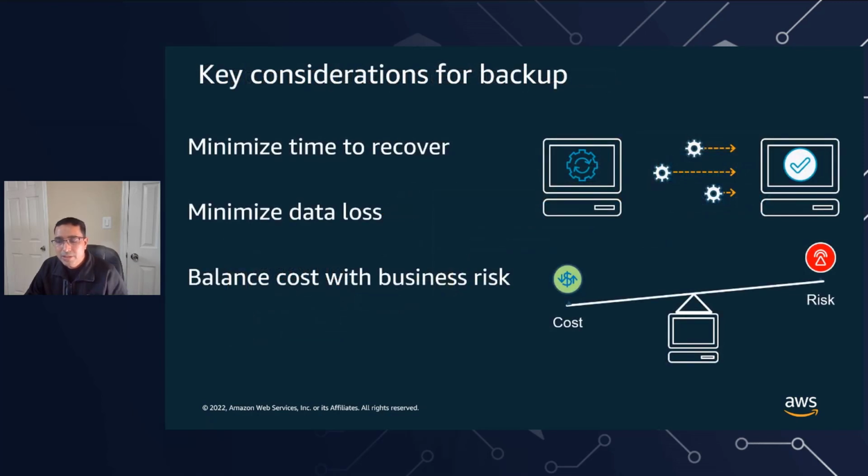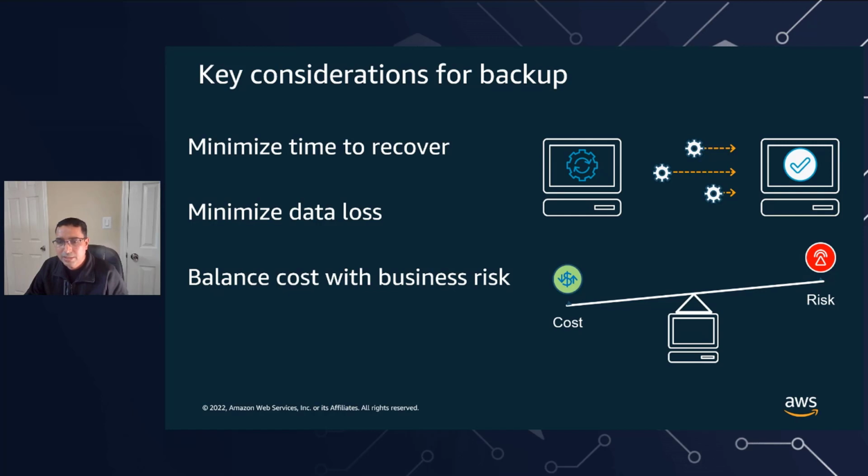So the key considerations when it comes to backup, one of the key considerations is minimizing the time to recover. So basically, why do customers even back up in the first place, right? You have to make sure that there is some data that you fall back onto in case something happens to your primary data. And the time to recover this data has to be as low as possible.